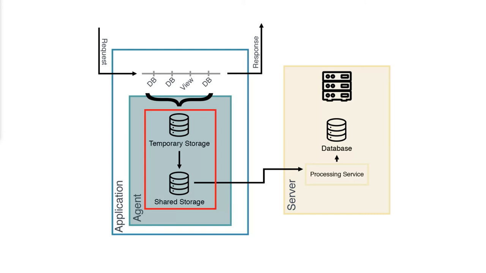To get the idea of the general strategy that we're going to use, here's the schematic diagram again. I've highlighted where we're at. So the request comes in, we collect the data, and now we need to find ways of storing the data and passing it on to this shared storage to be passed to the server.